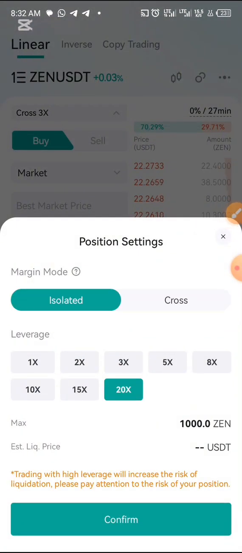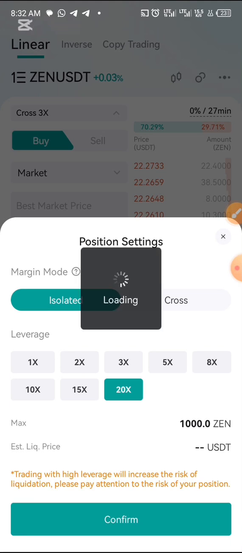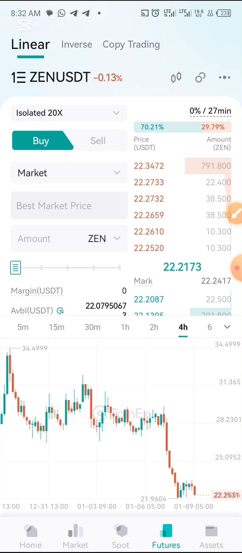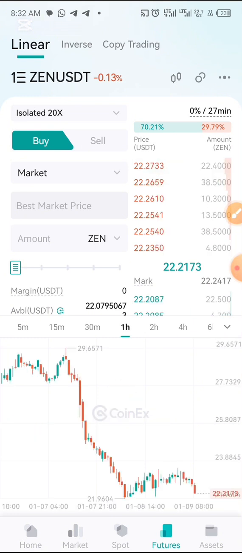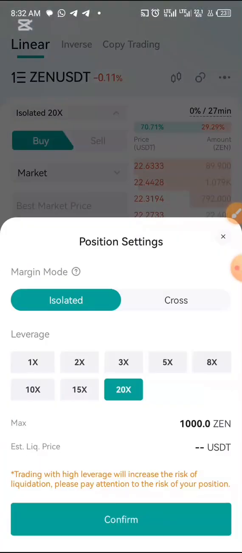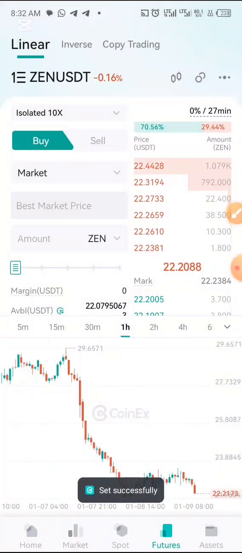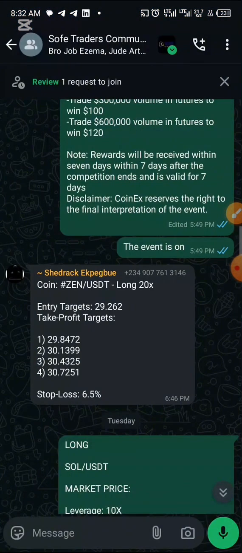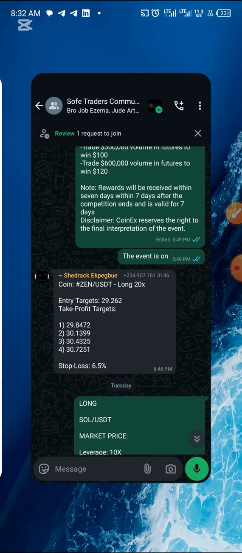The signal comes with a leverage of 20x. Remember, you always use isolated. Confirm. But to minimize your risks, it will be better you use 10x. Between 10 to 20x is fine. Okay, so we'll go back. It asks for an entry price. Entry price is 29.262.